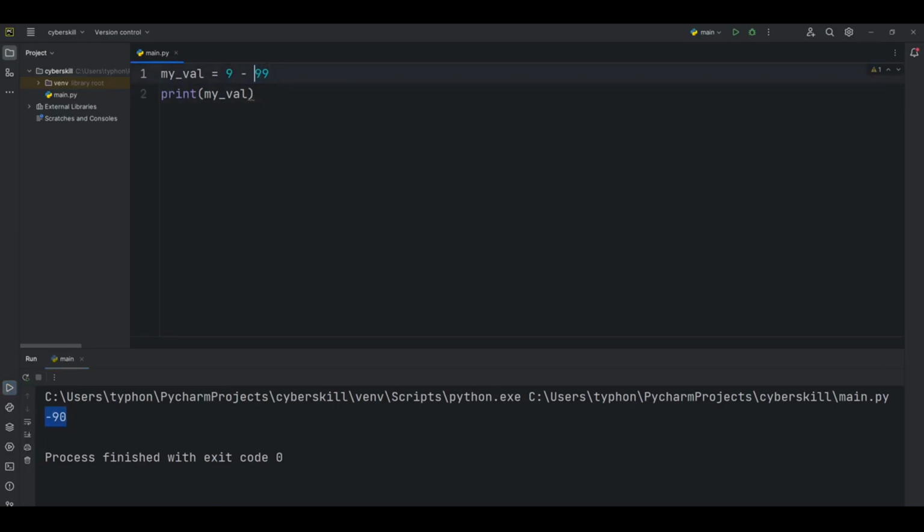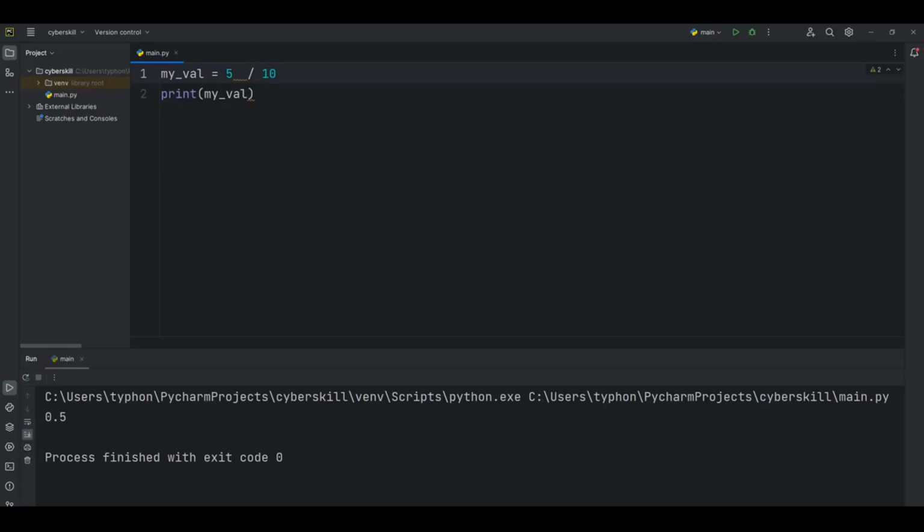And let's multiply it. For example, multiply 5 by 10, and here we have 50. And let's actually divide 5 by 10, and we get 0.5. In a terminal session, Python simply returns the result of the operation.